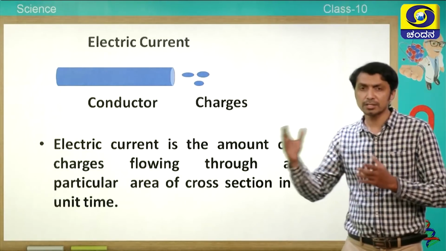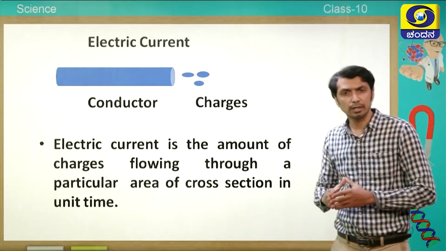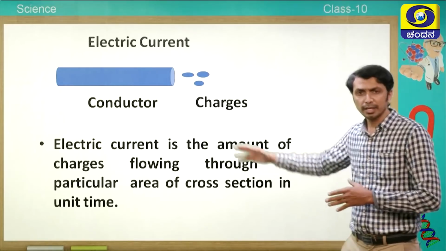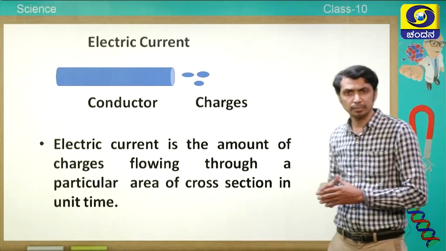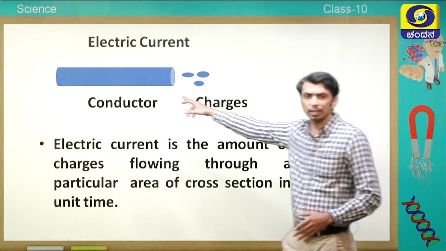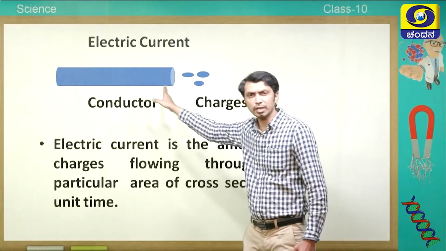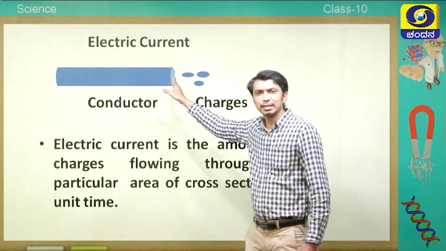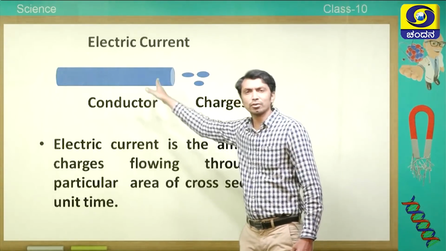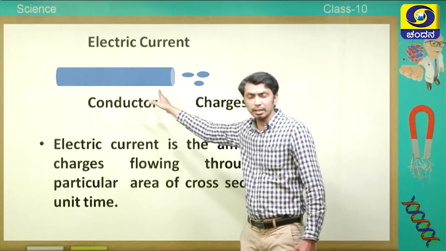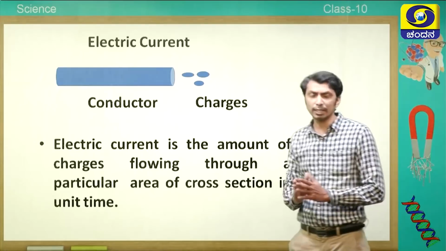So whenever the charges are moving in a conductor, we call it electric current. Here, as you can see, there is a representation of charges in a conductor. If we take any one particular cross section of area, whichever cross section, and calculate the total number of charges that are crossing that area of cross section, then that is the value of electric current passing through this conductor.